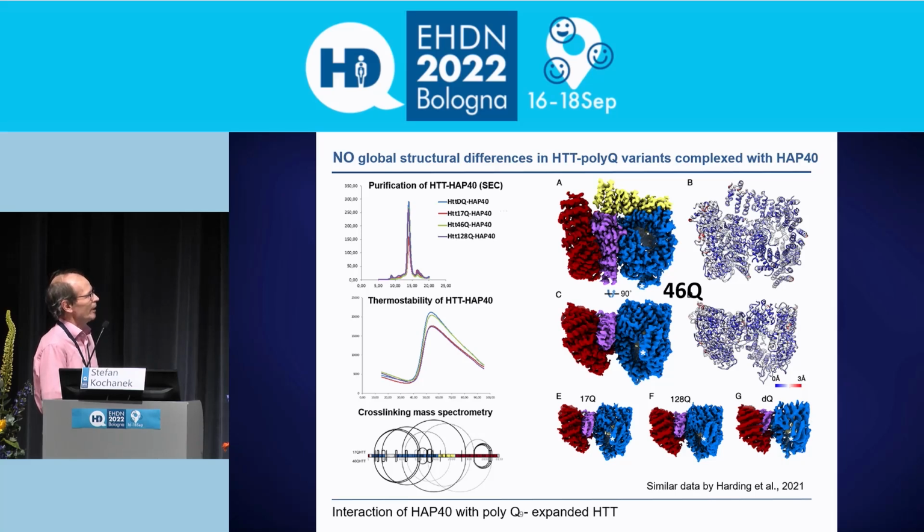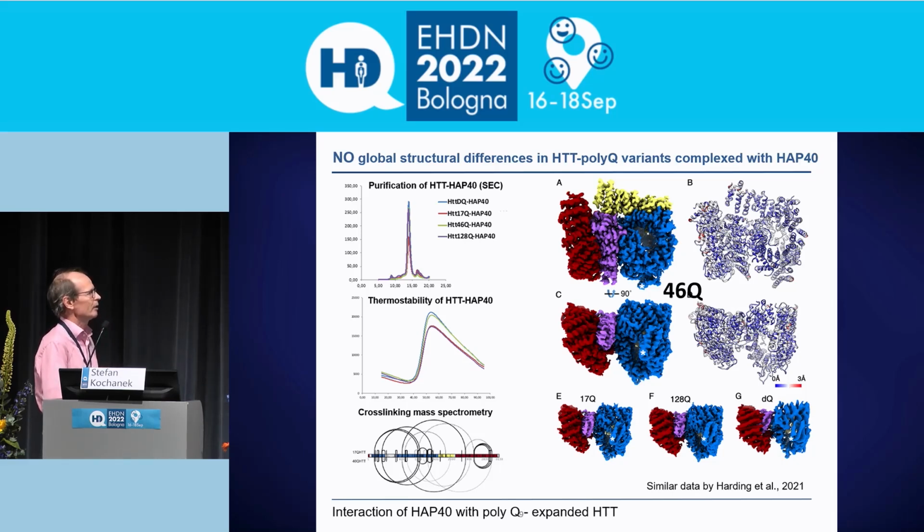By all biophysical methods, size exclusion chromatography, differential scanning fluorimetry, or cross-linking mass spectrometry, there was no difference between any of those. And also by cryo-EM, in our hands, we have not seen any difference.